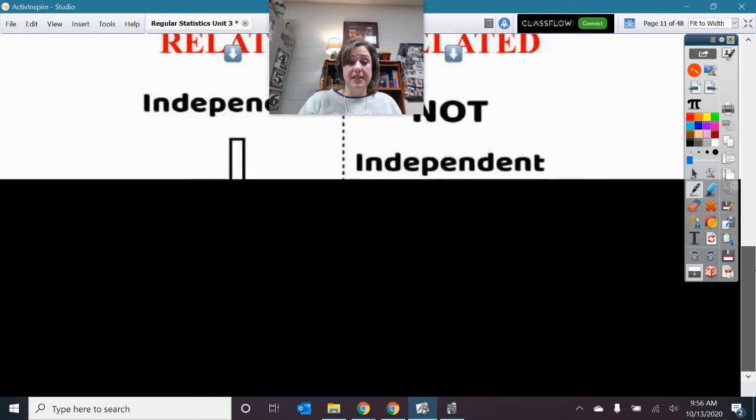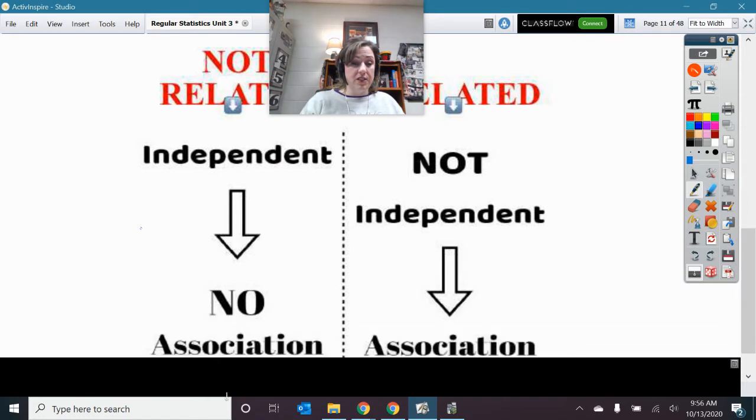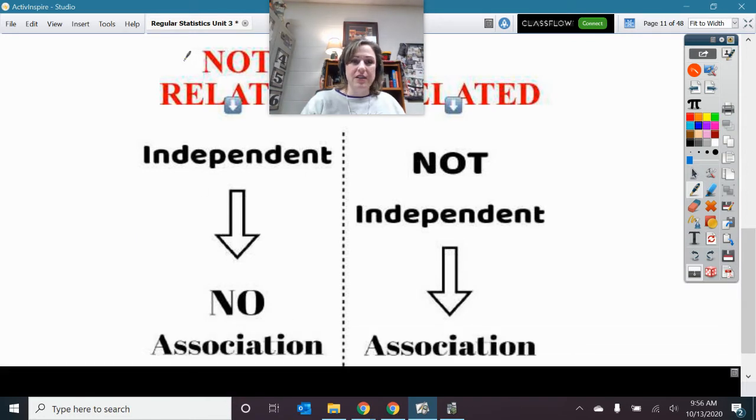Next, the word is association. If they are independent, then there is no association between them. So do you see this is kind of not related, no association, but independent of each other?